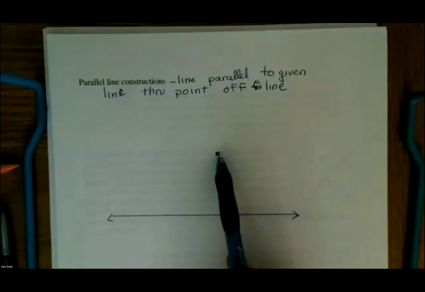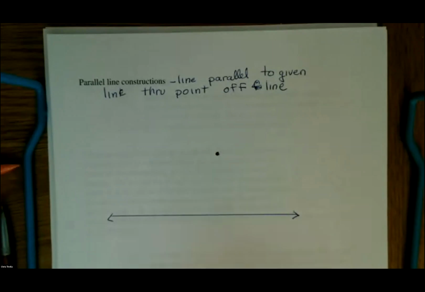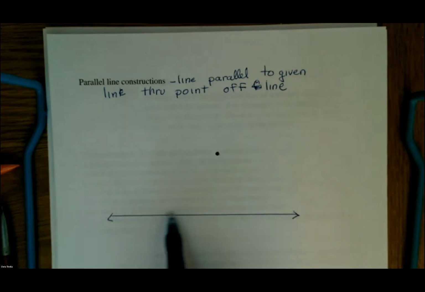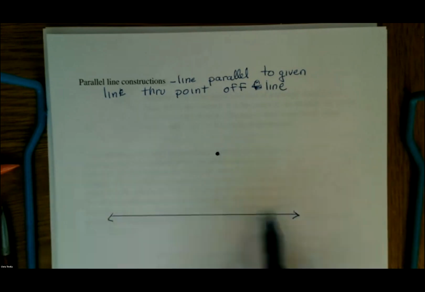One world said through this point, there is no parallel line. All lines eventually intersect somewhere. And the other one said through that point, I can make as many parallel lines as I want. And they both give you a very different perspective on life. But this idea that through this point, I can only make one line parallel to the given line is the foundation of Euclidean geometry as we know it.